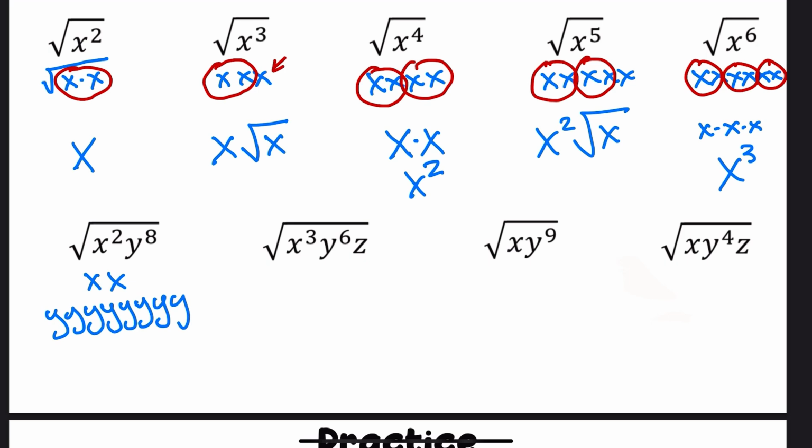We just want to count the pairs of the same numbers or the same letters. So like I have a pair of x's and then I have 1, 2, 3, 4 pairs of y's. So since I have 1 circle of x's, I would have 1 x. And then since I have 4 circles of y's, I would have y to the 4th power. And that's the idea. All right, cool.